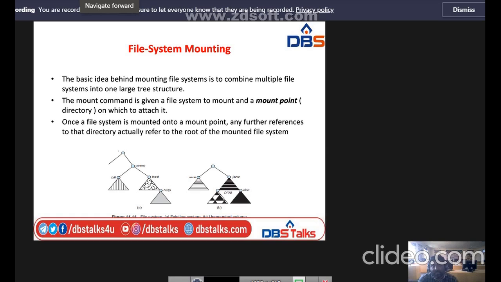Any files or subdirectories that had been stored in the mount point directory prior to mounting the new file system are now hidden by the mounted file system and are no longer available. For this reason, some systems only allow mounting onto empty directories.